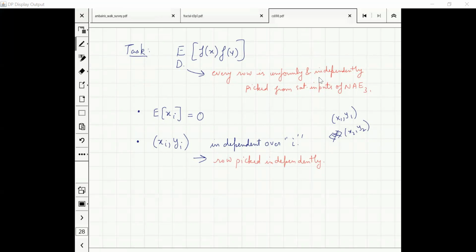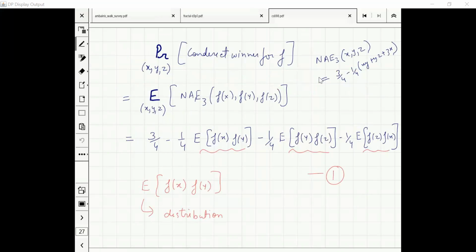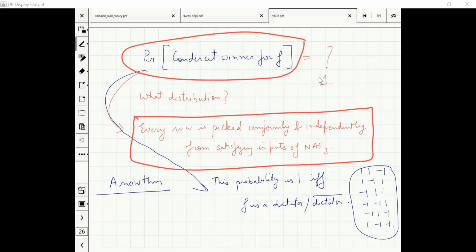What about expectation of Xi, Yi? I can show you the 6 inputs. So what is the expectation of Xi, Yi? -1/3.